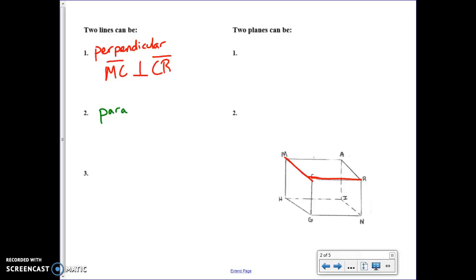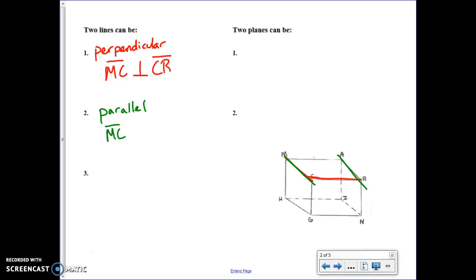Okay, two lines can also be parallel. So if I use MC again, and I want to remind you, parallel means that they're never going to meet. So here's MC. A line that is parallel to MC would be AR.